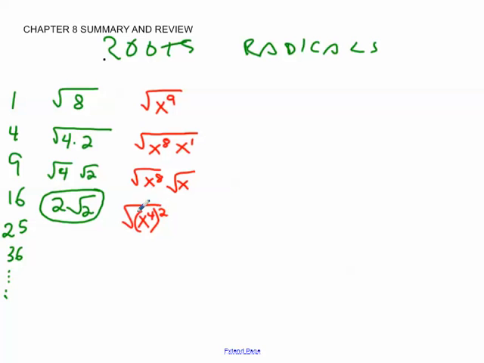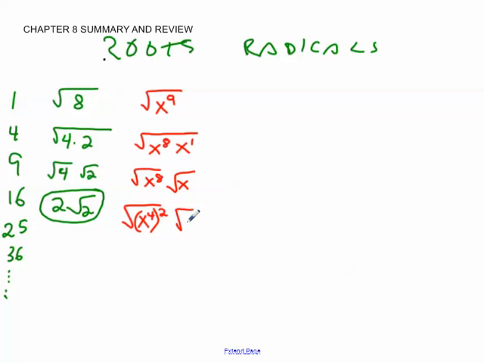Because remember, when we've got parentheses around a base, you multiply the inside exponent by the outside exponent to get the product's exponent. So 4 times 2 gives us 8, and x to the 4th squared is a perfect square inside of the square root.